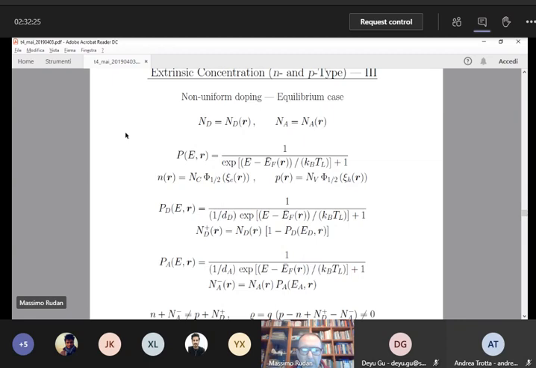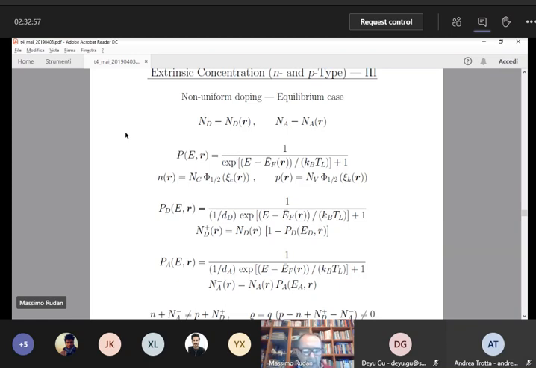So the point is that to calculate the concentrations in the non-uniform case, we simply repeat the same procedure as we did in the uniform case. We take the density of states, multiply it by the Fermi statistics, and then we integrate over the conduction band.